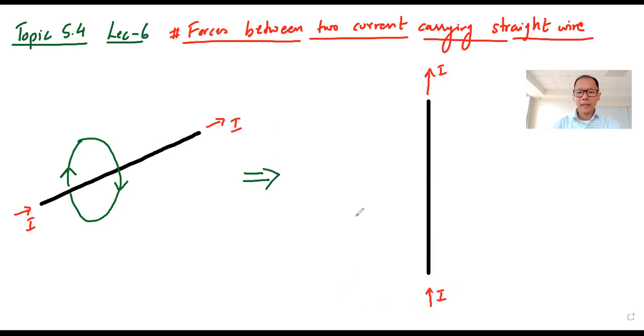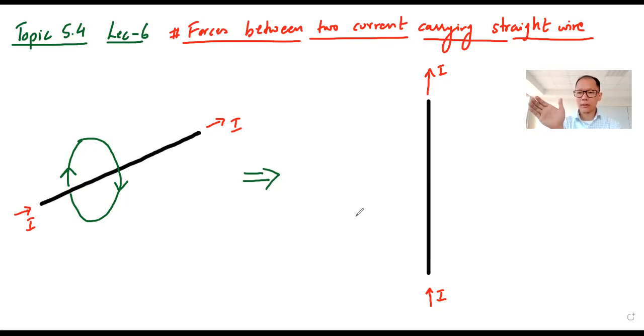Again, the dot and cross notation for the magnetic field is this. If you draw a cross, it means the magnetic field is moving away from you, and if you draw a dot, the magnetic field is coming towards you. In this case, I point my thumb upwards, because the current is in that direction.